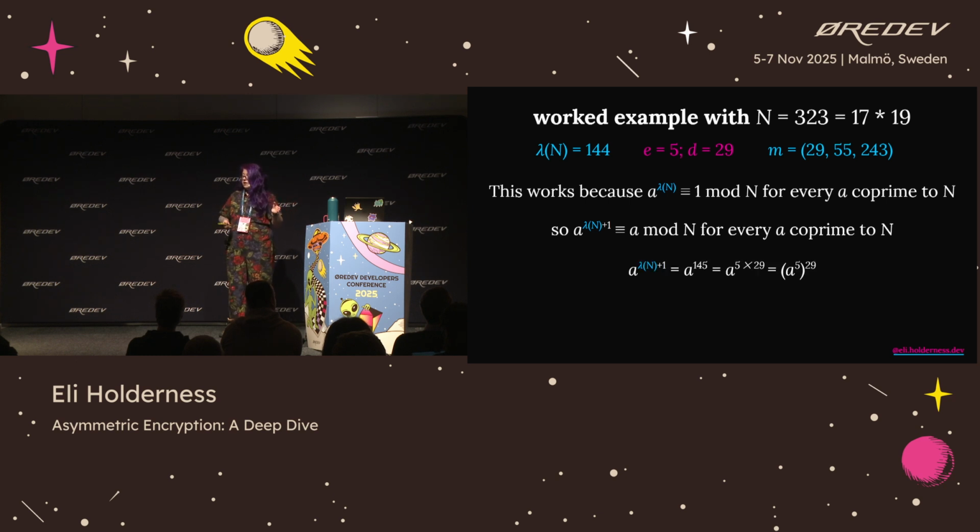The person who sent us a message did the first part, they raised it to the power of 5. And we knew the secret special thing we needed to raise it to get back to where we started. And that private key can only be derived if you know the prime factorization of the big number that's part of the public key, which is hard to do on a classical computer. So that's how RSA works.